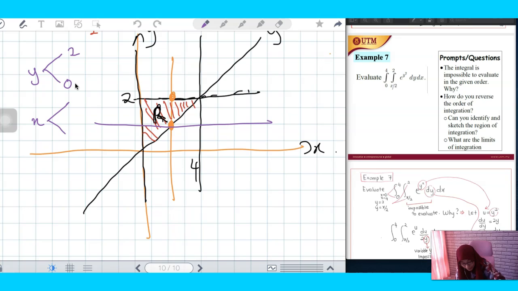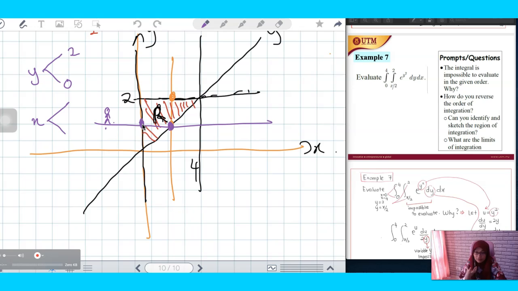You move along the x-axis from the left to the right. So this is your initial point and this is your terminal point along the horizontal line, which passes through the region.